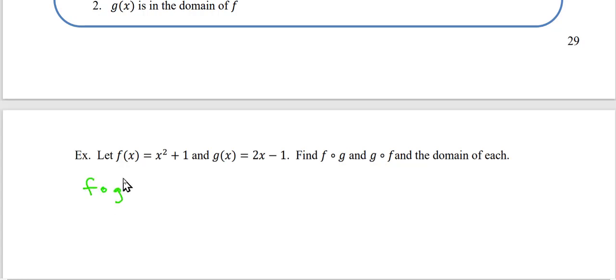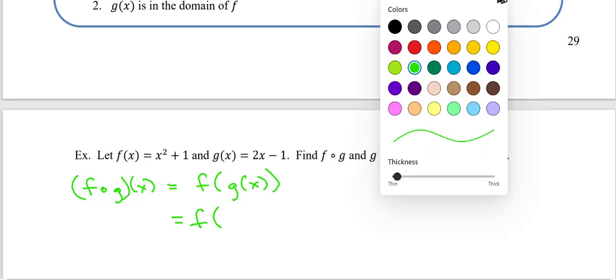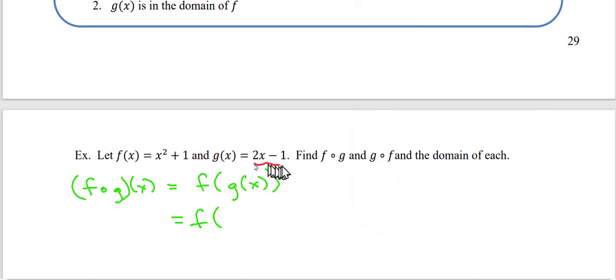f composed with g of x could be written f of g of x. And I usually do that just to help me see what is happening here. What we're saying is we are going to take the g, whatever it is, in this case 2x minus 1, and plug it in to the f.